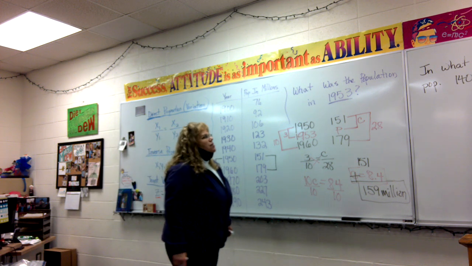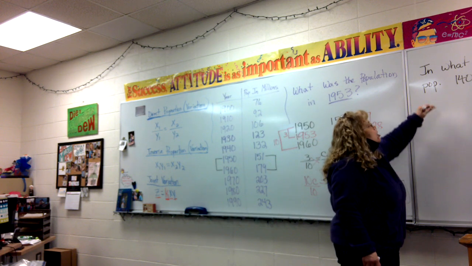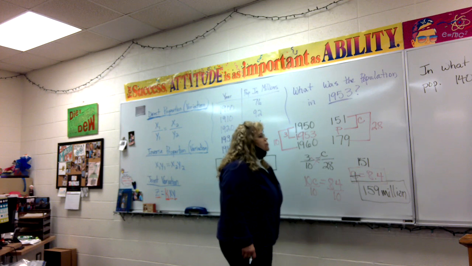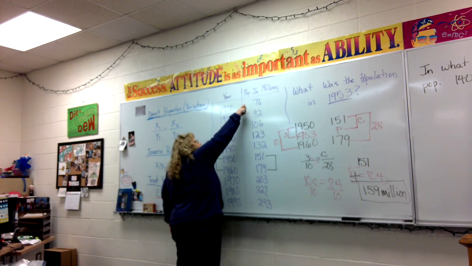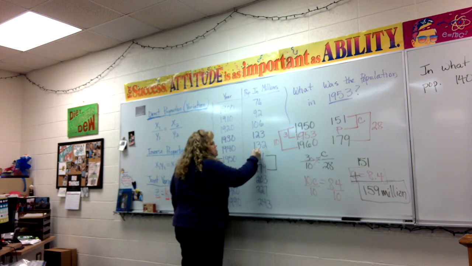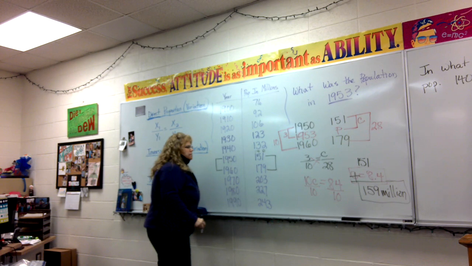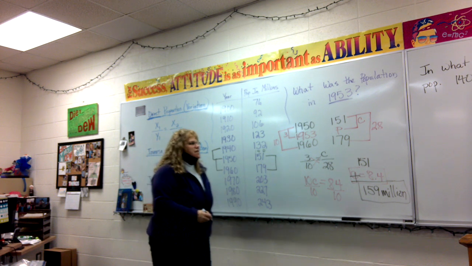What if I want to go the other way? I want to know what year was the population 140 million? Well, if you look over here, where does 140 million go in? About right here, I think, right? That's going to be somewhere between 1940 and 1950.